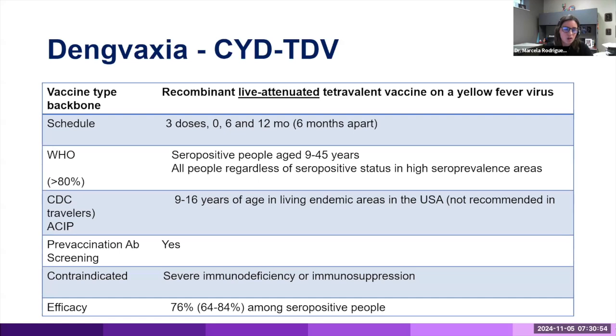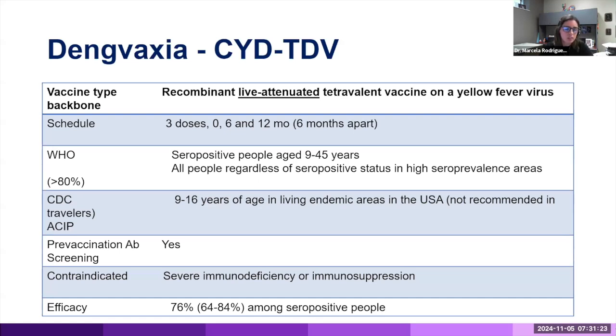The WHO recommends it for seropositive people between 9 and 45 years of age, and for all people, regardless of serostatus, if they live in a high seroprevalence area. The CDC recommends it in patients 9 to 16 years of age living in endemic areas in the USA, but it is not recommended in travelers.